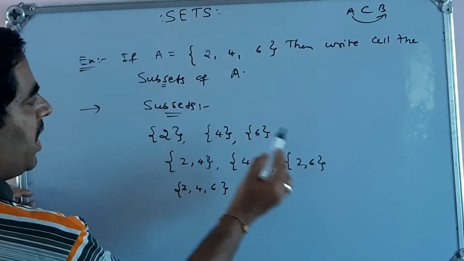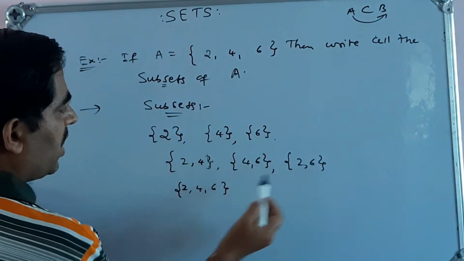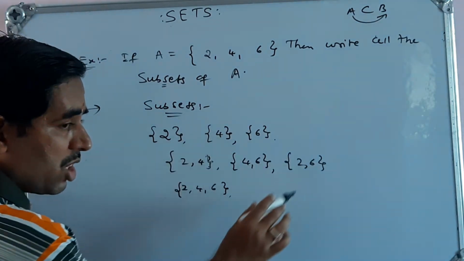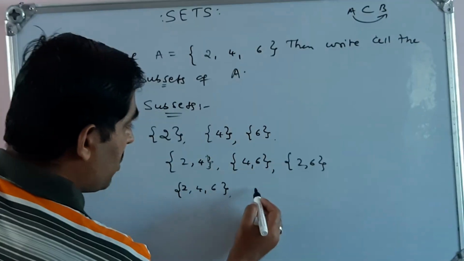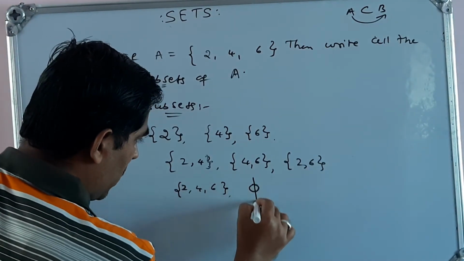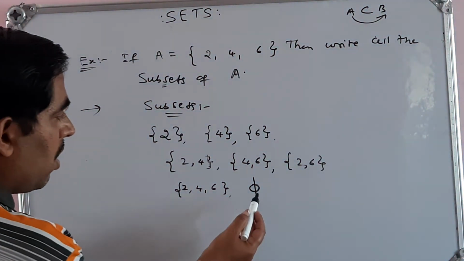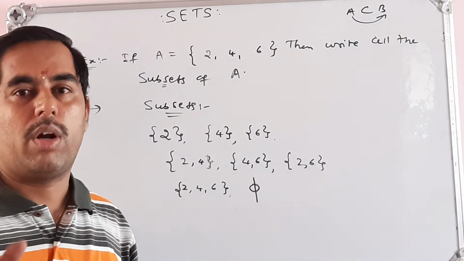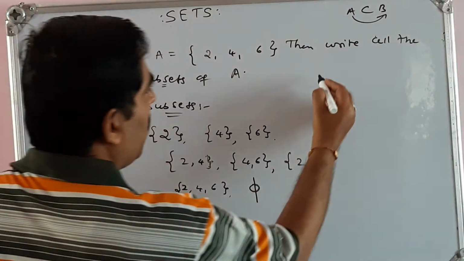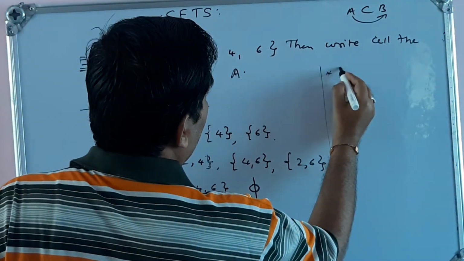Okay. So how many subsets do we have? 1, 2, 3, 4, 5, 6, 7. So we have written 7 subsets. Along with these 7 subsets, I will write one more subset. You know this is an empty set. So from this example, we can draw our attention to 2 points. What are the 2 points?